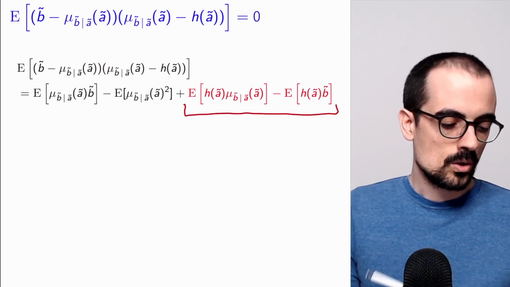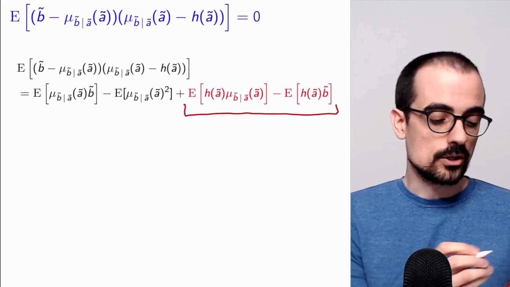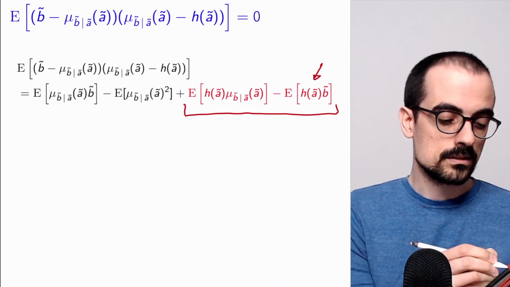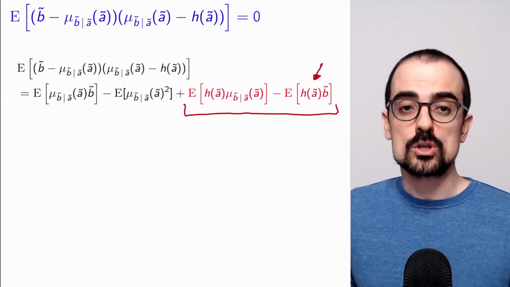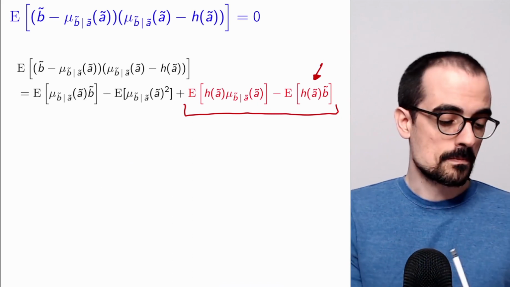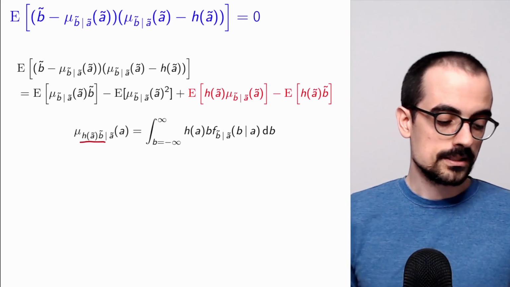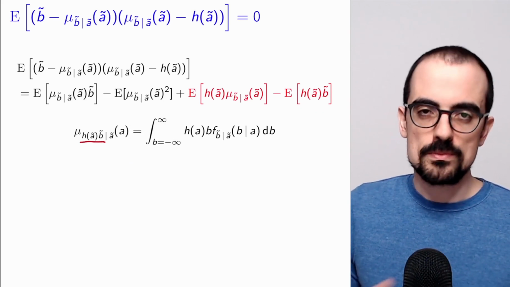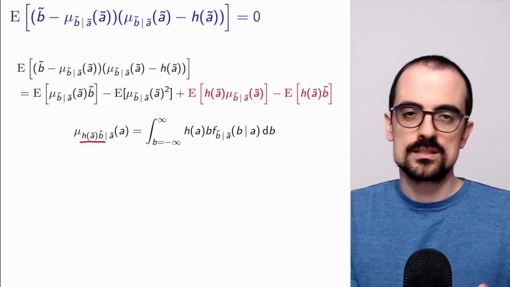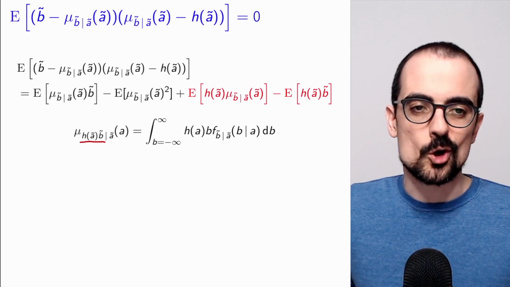We're going to derive the conditional mean function of this guy inside here, and then we're going to apply iterated expectation. So what's the conditional mean function of h(A) times B? Let's assume things are continuous. If they were discrete, the reasoning is almost the same.